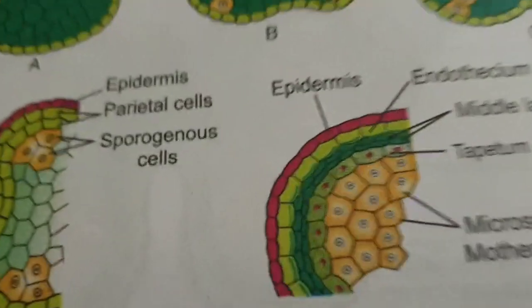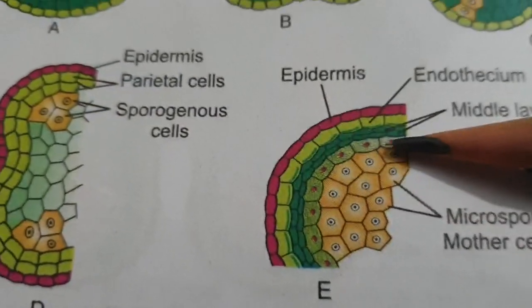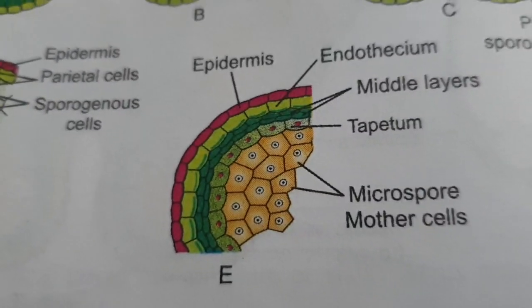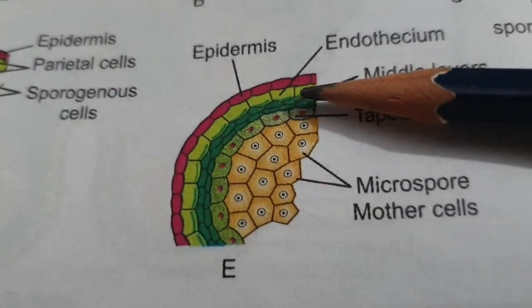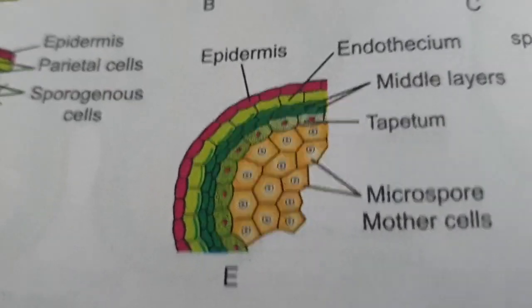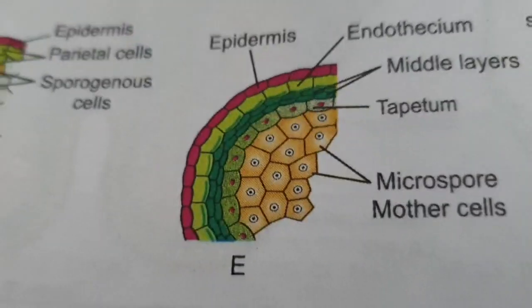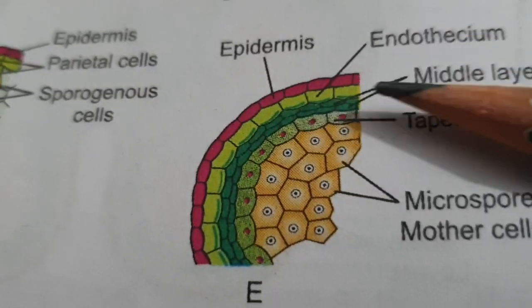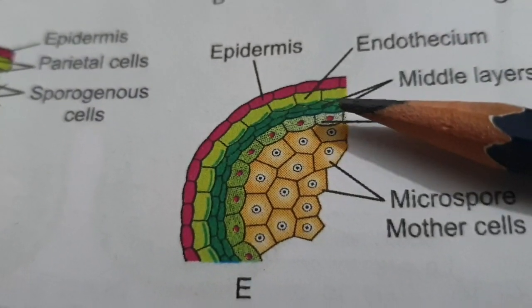Now in this structure, the primary parietal cell has undergone repeated anticlinal and periclinal division and has formed the 3-layered spore sac wall. The outer wall is known as endothecium. Got it?